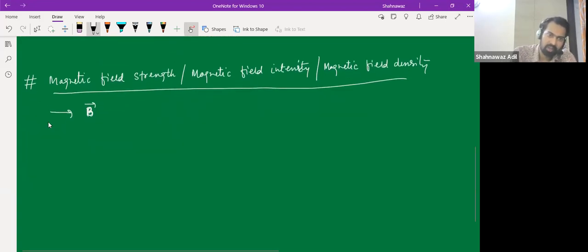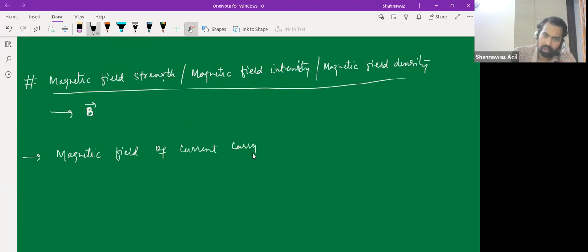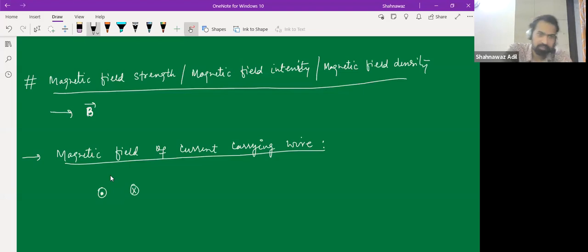Magnetic field of a current carrying wire. Before I do that, do you remember what this direction is and what this direction is?